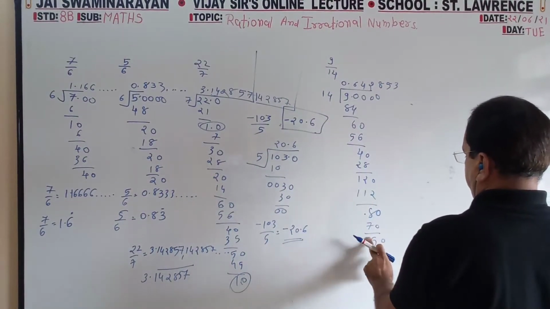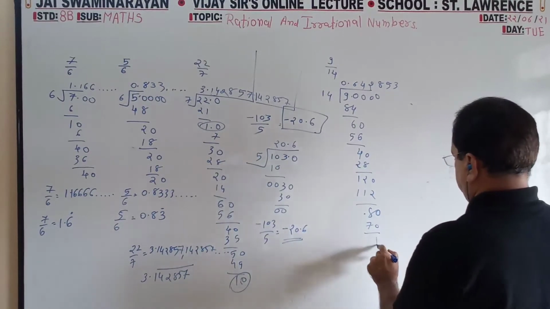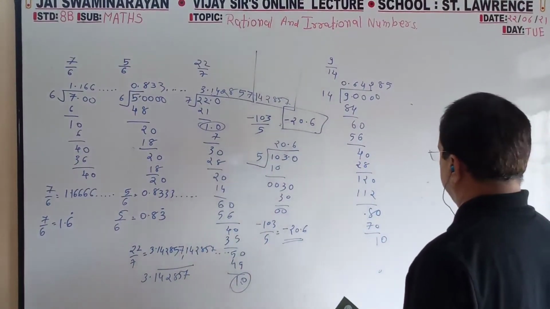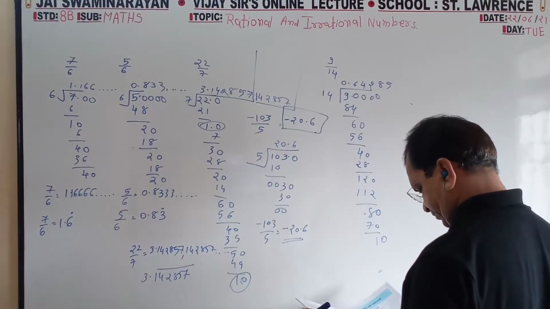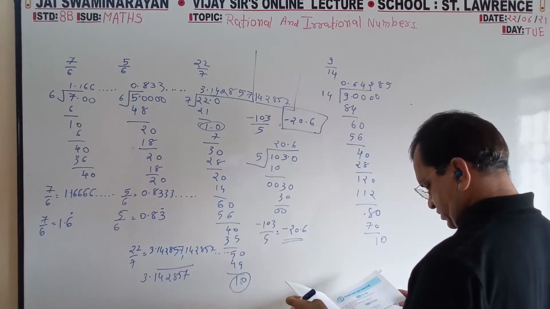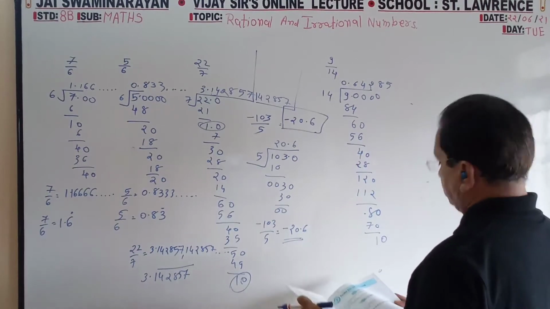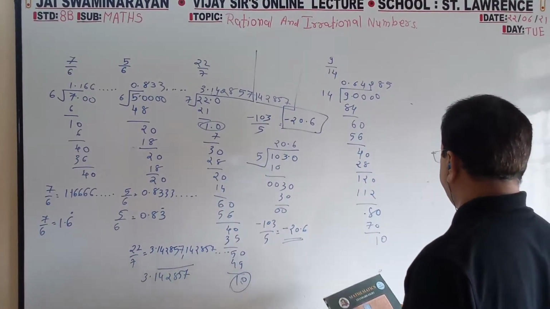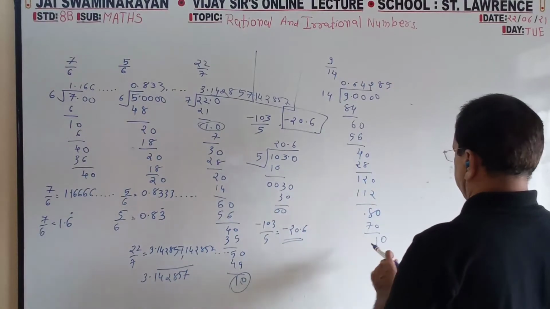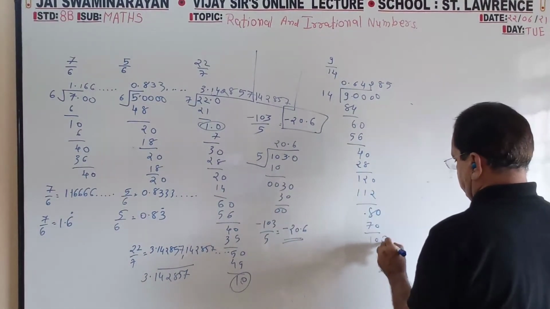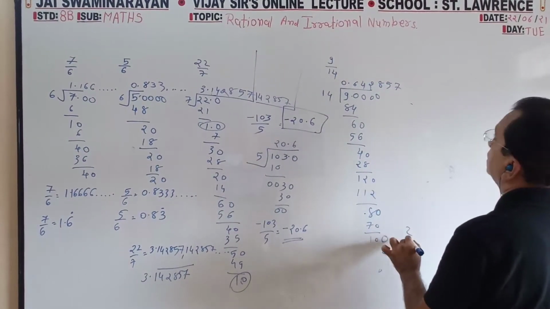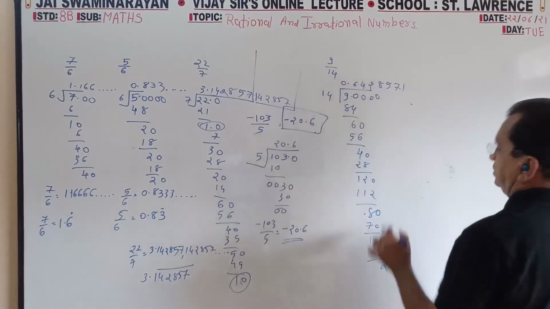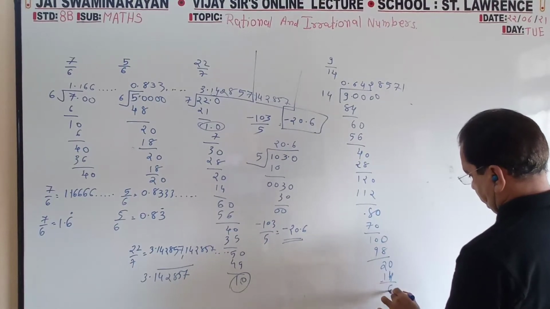So it is 70. Then 6428 5. So 7 ones are 16.